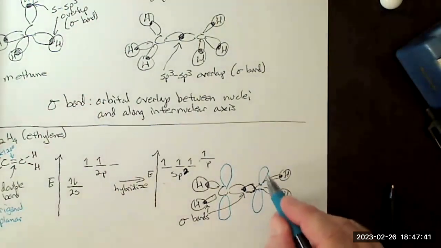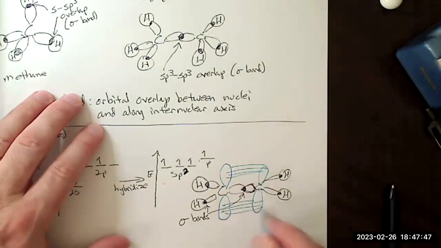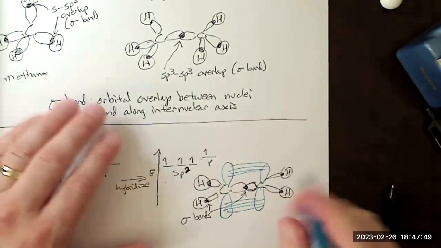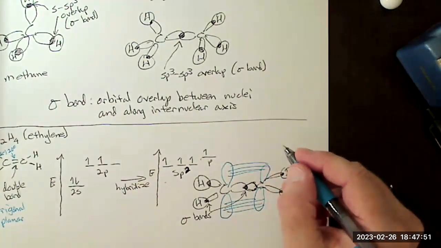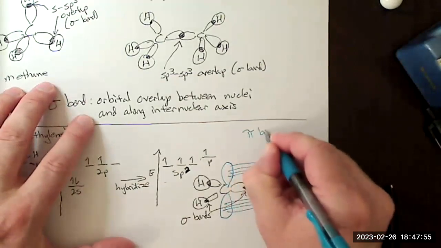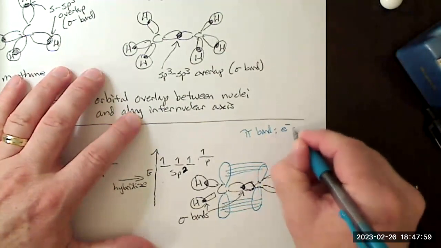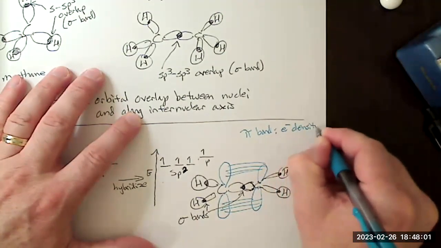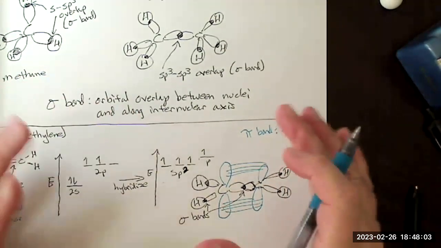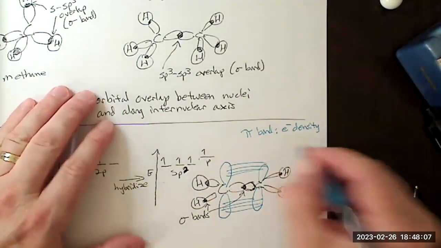And this really isn't drawn to scale, but our leftover p orbital we can have overlap. And we call this a pi bond. Our electron density is in between the orbitals, but not on the internuclear axis.